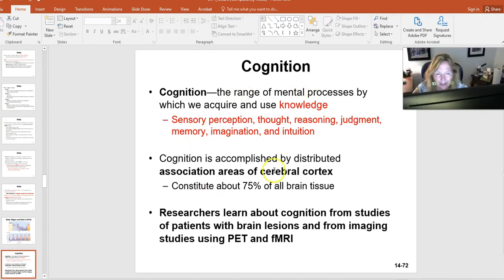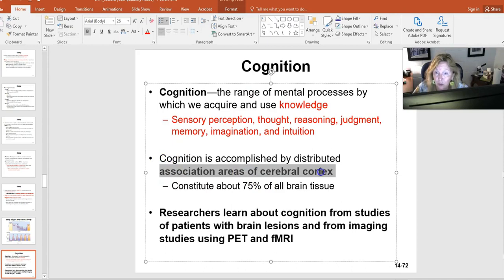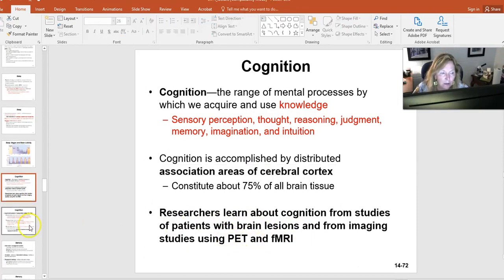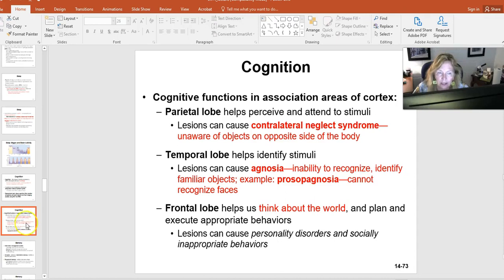So when we think about this, it's pretty complex. We know that a lot of the cerebral cortex is involved in this, and we know this because of people that have problems with this and doing PET scans, positron emission tomography, and MRIs. We can see that there are lesions in these areas of the brain where that's not functioning.